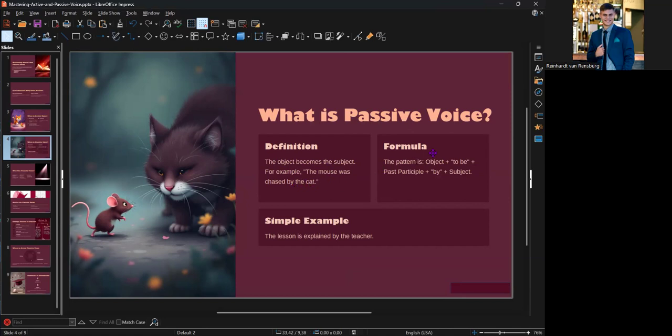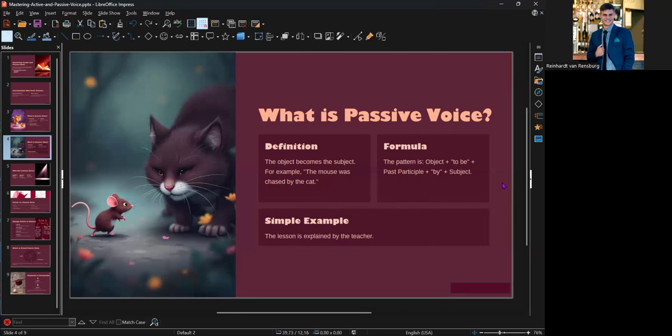The formula that we will be using here is object plus to be plus past participle plus by plus subject. A simple example that we can use here would be, like I said, the mouse was chased by the cat. The lesson is explained by the teacher, and a letter was written by me.